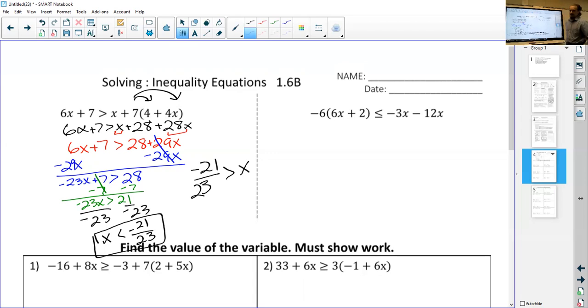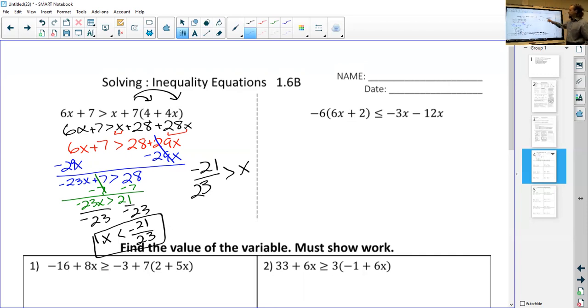It would have looked like that. And then you would need to know that if you want to switch the order on an inequality, you do need to flip the sign over. Okay? So if you have a number is greater than x, then x has to be less than that number. If you just think about it logically, hopefully that makes sense.